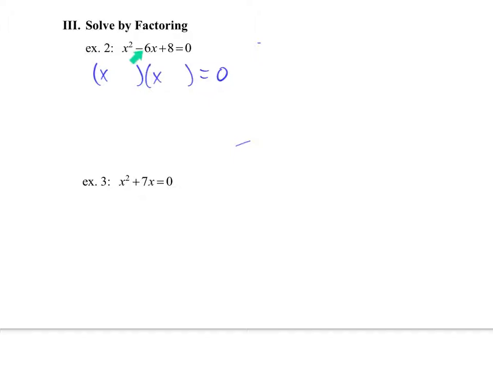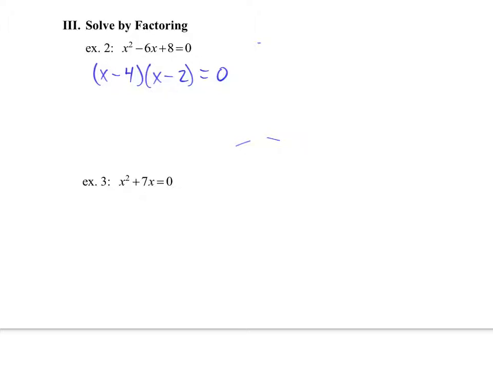If I have a minus here and a plus here, my signs have to be minus, minus. The only option to get a plus something is plus, plus, or minus, minus. If that's a minus, then we know it's minus and minus. I'm hearing a 4 and 2. Do we like that? Yeah, sure. Because 4 times 2 gives me 8. And then the outside would be minus 2x, inside minus 4x, for a total of minus 6x. Nice. So still tracking with me?